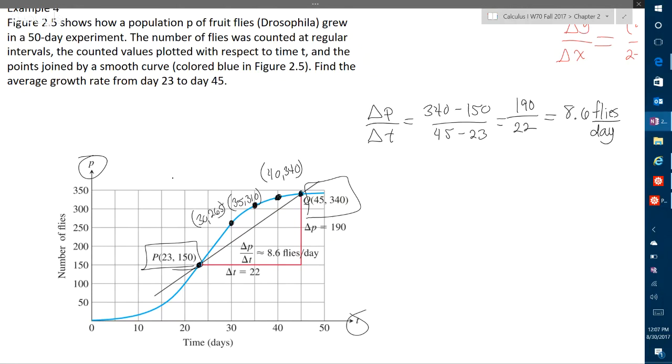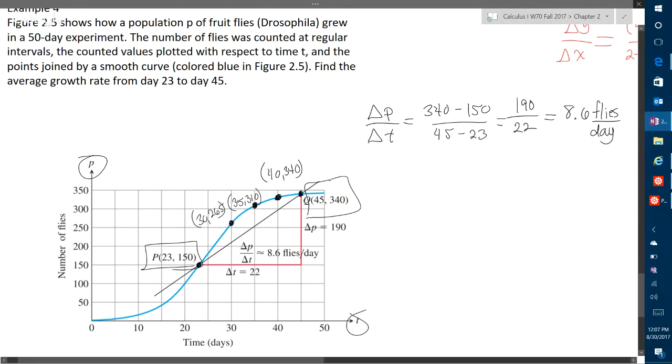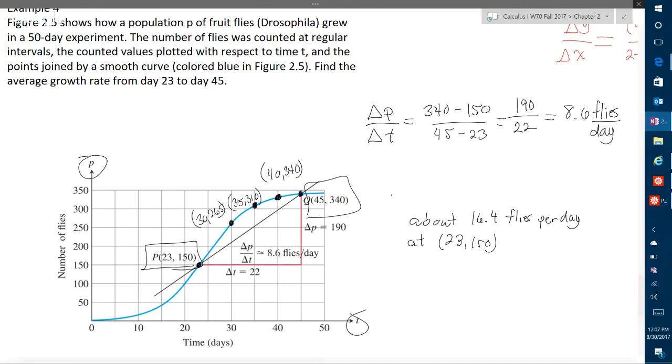You should end up with approximately 16.4 flies per day at 23. At the point 23, 150. That's the instantaneous rate of change. So if you can get to that answer.